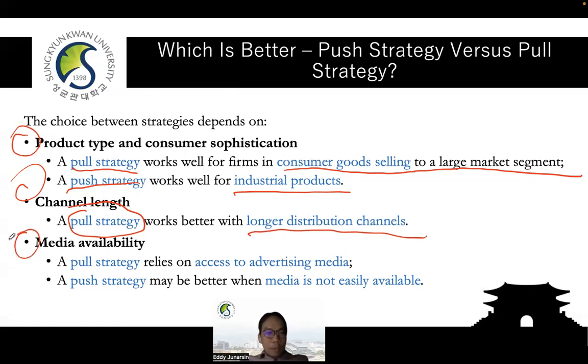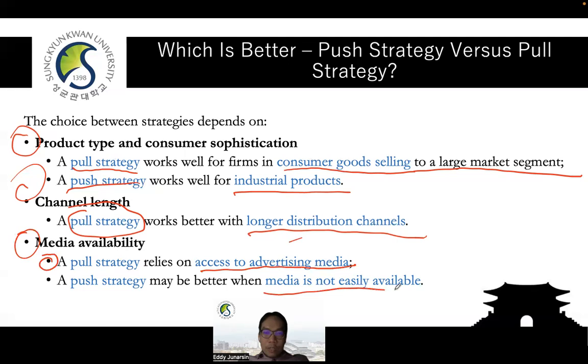And also an important factor here, media availability. If we have access to advertising media, then a pull strategy would work very well.